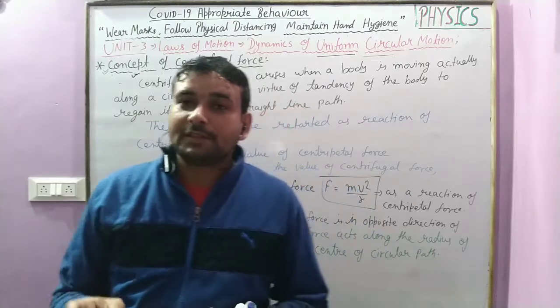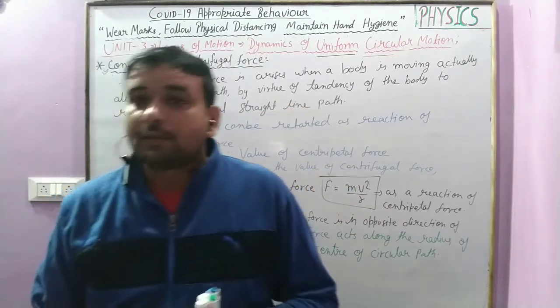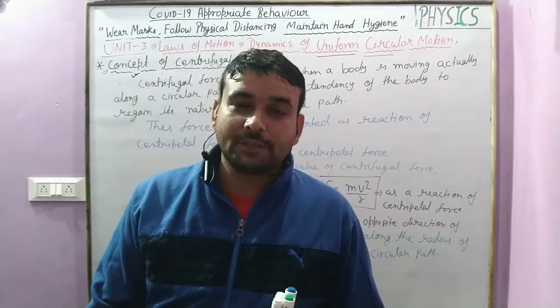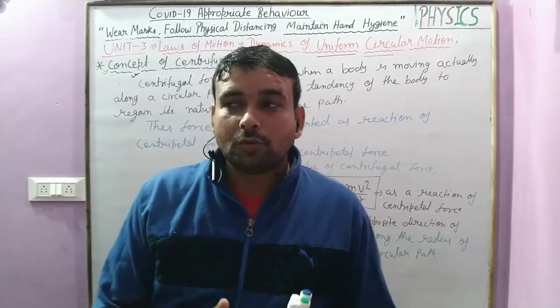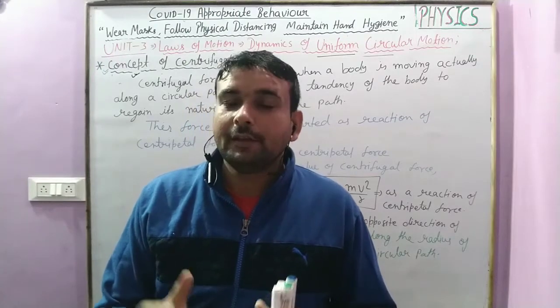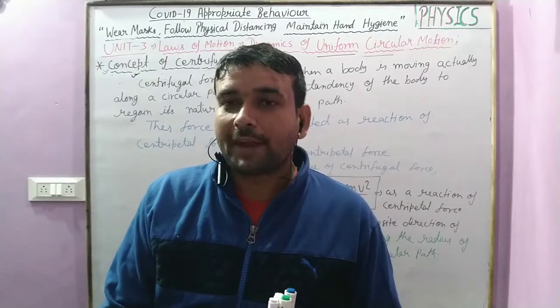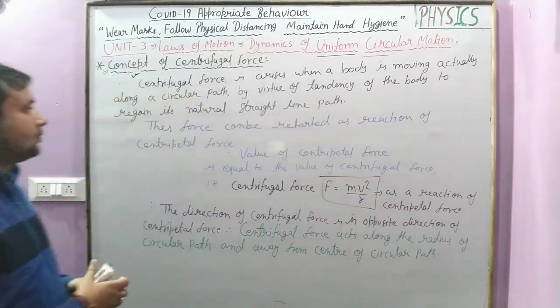Okay, similarly, the force on which the washing machine is based is also centrifugal force. Similarly, the juicer, mixer, grinder we use in our homes is also based on the same principle of centrifugal force. Okay, so note down this.